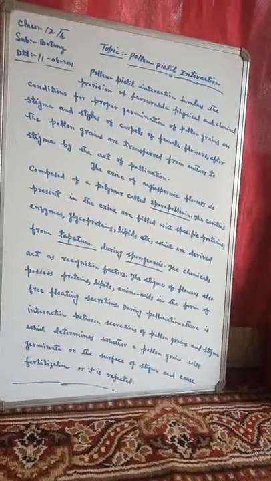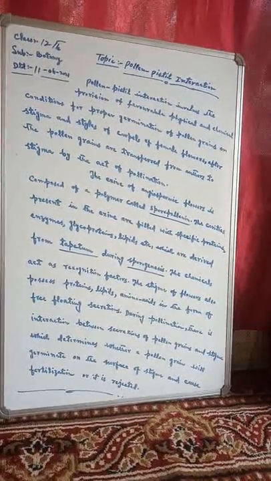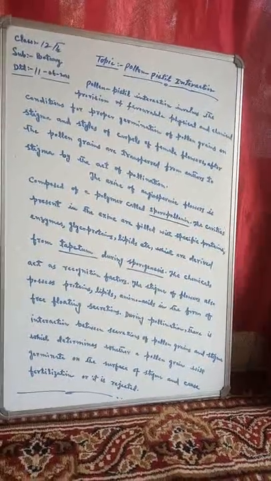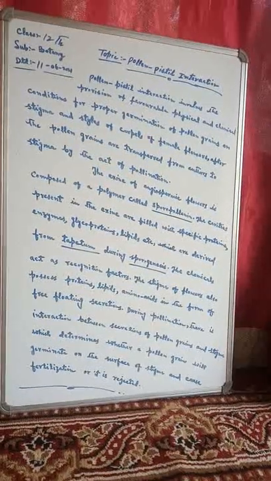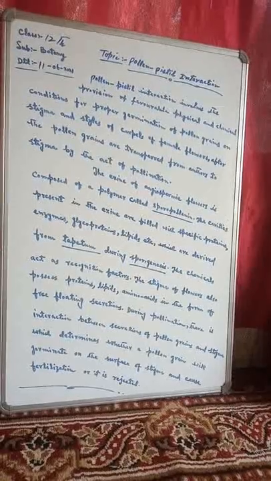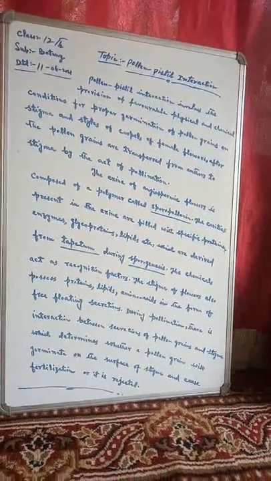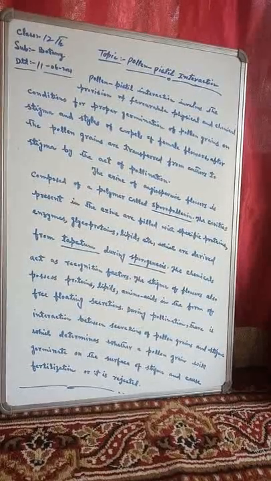So we should remember here that both the exine of the pollen grain and the stigma of the flower contain these chemicals, and they act as the recognition factors for both pollen grain and the stigma.